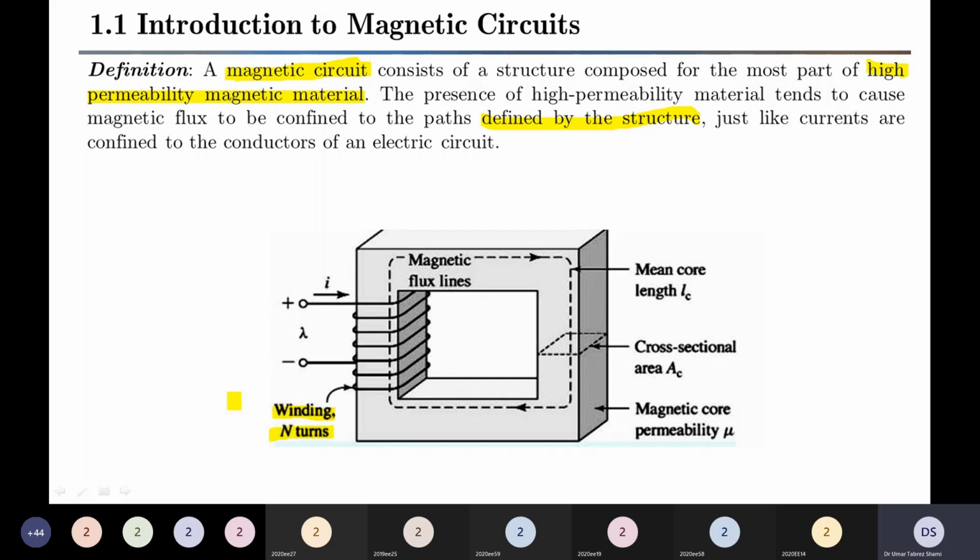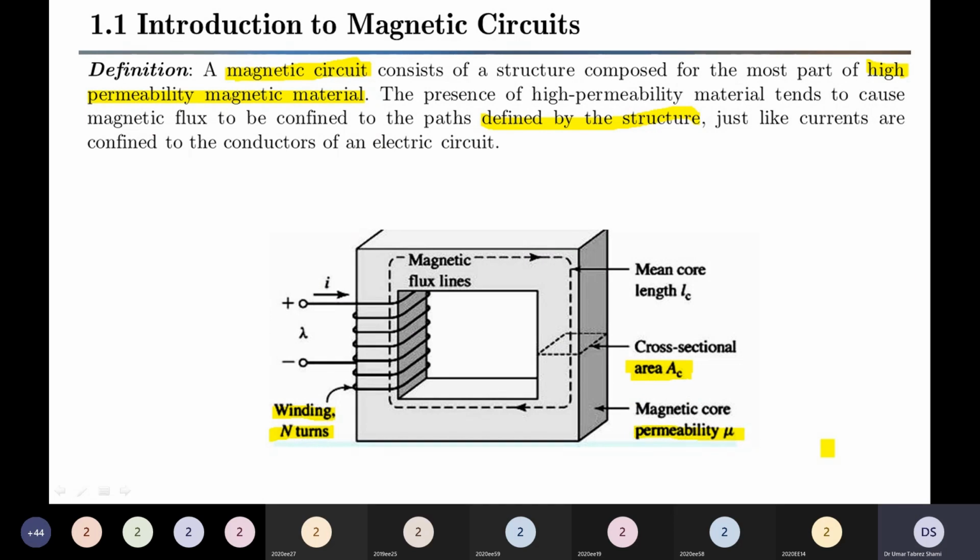Then there is the mean core length, that is the average length the flux covers, and the cross-sectional area of the magnetic material, AC. This is the area through which the flux will pass. And then we have the magnetic core permeability, mu.